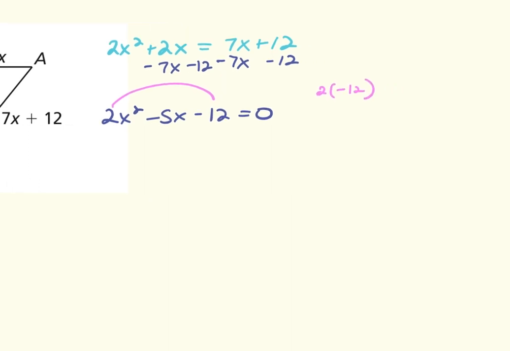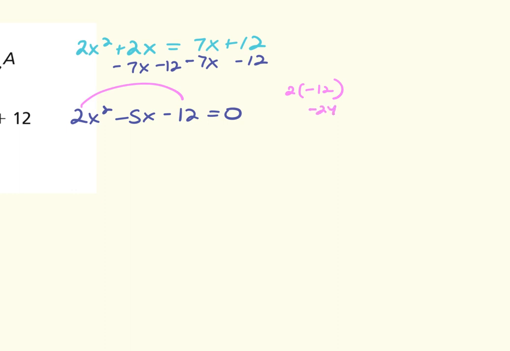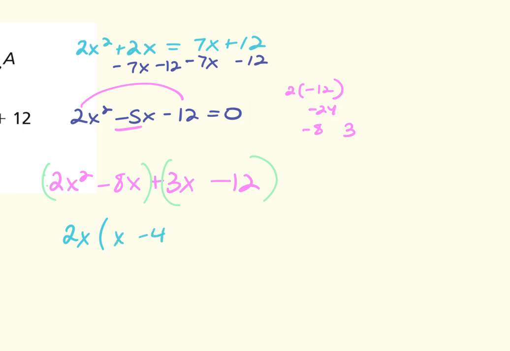All right, so I multiply first times last, I get negative 24. Are there factors of negative 24 that sum to negative 5? Negative 8, positive 3. Rewrite the middle term with those two. And then factor by grouping. So from the first set of parentheses, I could take out a 2x, x minus 4.